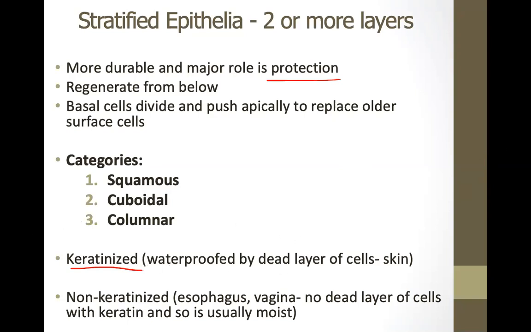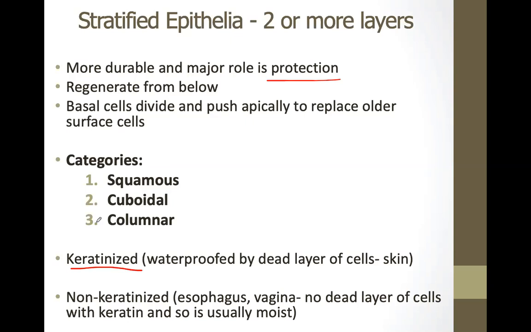Keratin is a protein found inside your cells, and it's essential for waterproofing the layers of your epithelium. You're only going to see this in the layer of the skin that is coming in contact with the outside. You cannot see keratinized cells inside your body, okay?